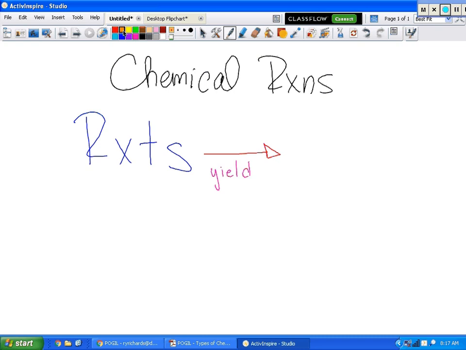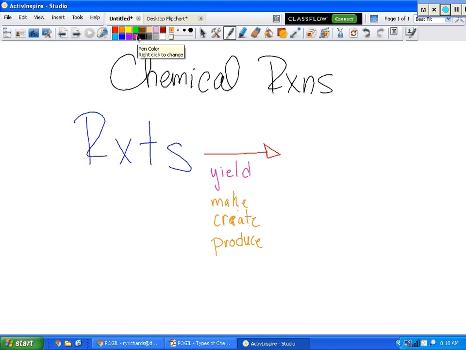So, what is another way to say yield? Make, create, anything else? Produce. Anybody? So reactants yield, make, create, produce what things?